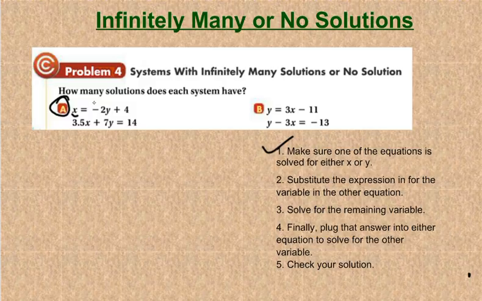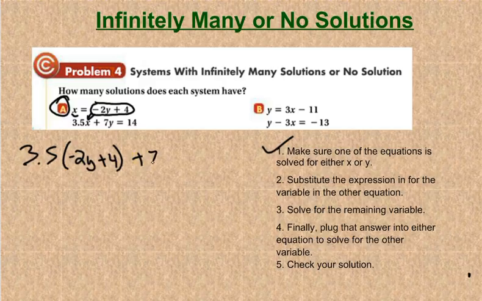Because x is equal to negative 2y plus 4, instead of x right here, we're going to write 3.5 times negative 2y plus 4, plus 7y equals 14. Everything else is staying the same. We're just replacing the x with what we're told x is equal to.